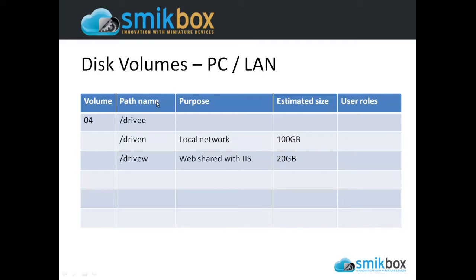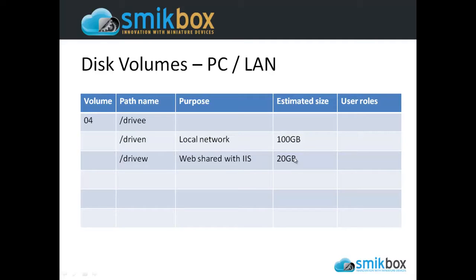Next volume is the one you're probably most familiar with. A generic PC or LAN volume containing folders that would be mapped to PCs as drive N or drive W or drive G or P or whatever it is. Again this doesn't need to be huge, because we used to think that our local networks stored a lot of information, but in comparison to some of the files created by modern software and multimedia these days, they're pretty small.